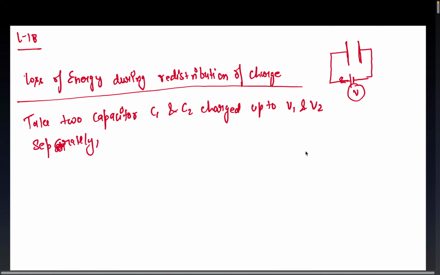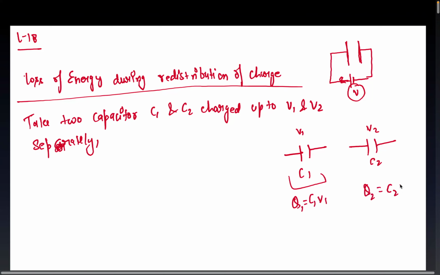So in the figure, this is capacitor C1 charged up to V1, and this is capacitor C2 charged up to V2. If I ask you what the charge stored in this capacitor is, you can say Q1 equals C1 V1, and in this one Q2 equals C2 V2, right?